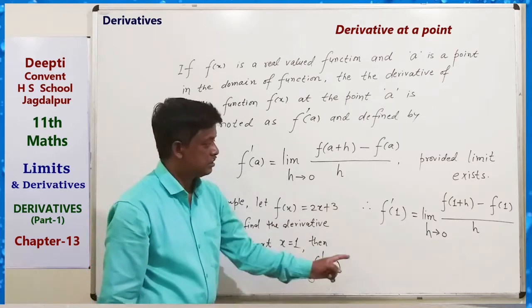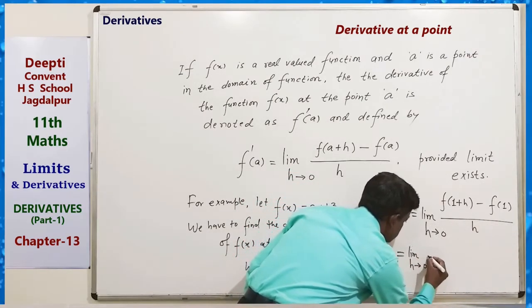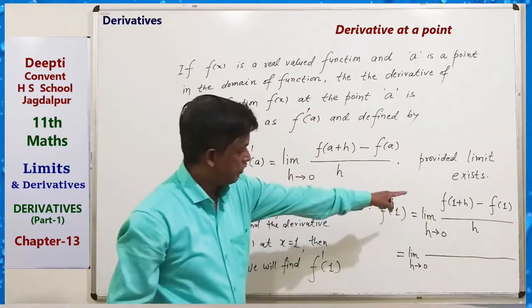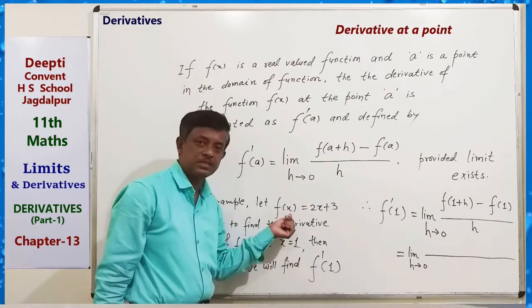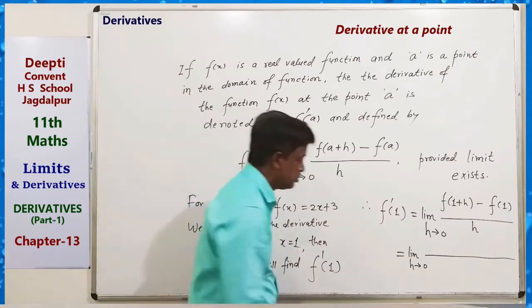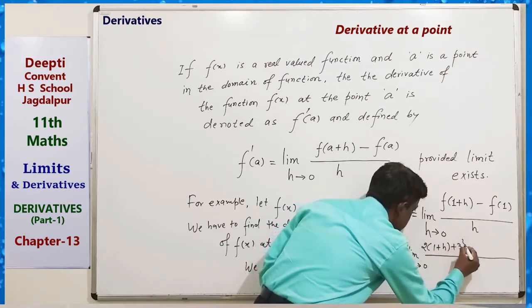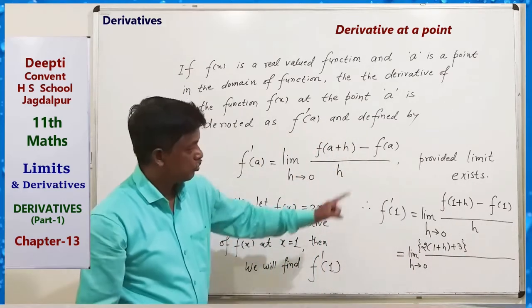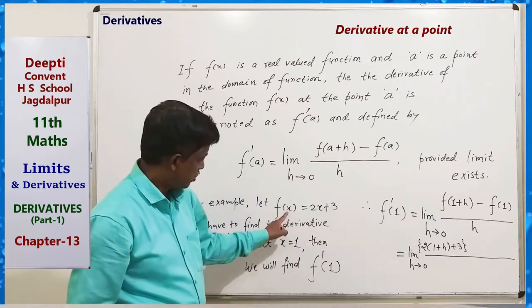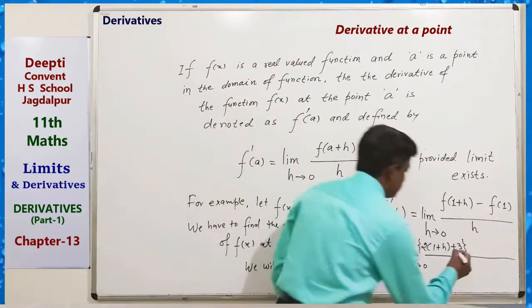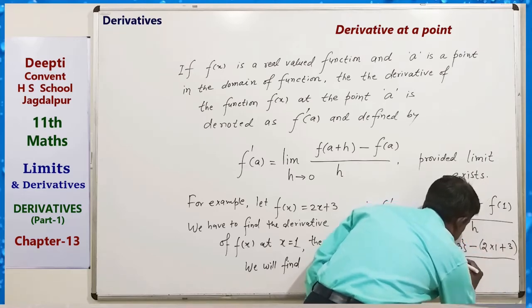So limit h tending to 0, f(1 plus h), f(x) with x replaced by 1 plus h, so 2 times (1 plus h) plus 3, minus f(1), which is 2 into 1 plus 3, upon h.